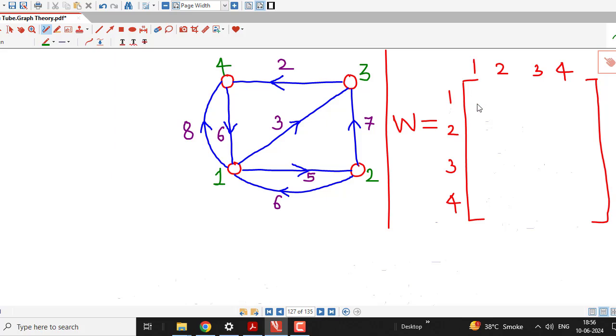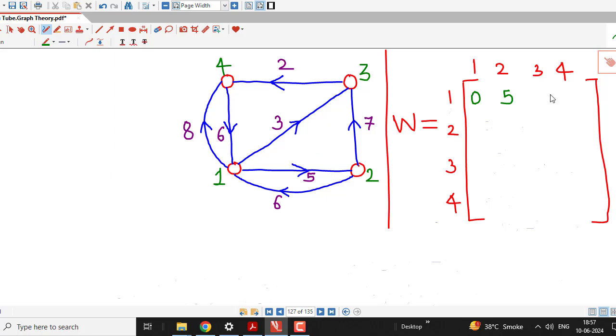For example, for this first entry, 1 to 1, there is no edge starting at 1 and ending at 1, that is, there is no loop at 1. So the weight is 0. Similarly, from 1 to 2, this is an edge from 1 to 2 and the weight assigned is 5, so here I will write 5.